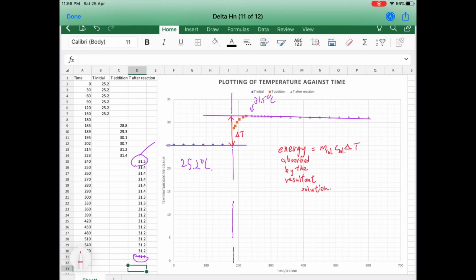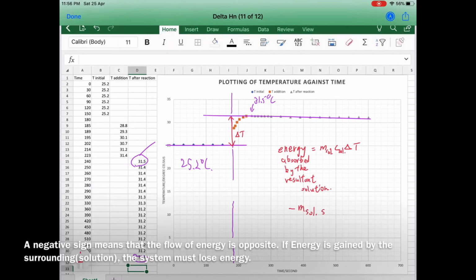Is it okay? And then if we want to calculate the energy change in the system, it's very easy. We just convert it by adding a negative sign. And it's the energy change of the system.